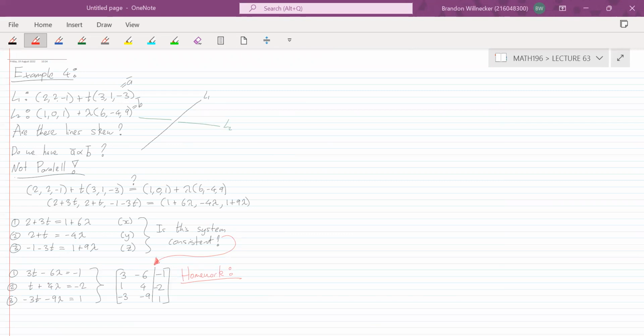The last line for number 3, this equation here: -1 minus 3t equals 1 plus 9 lambda.